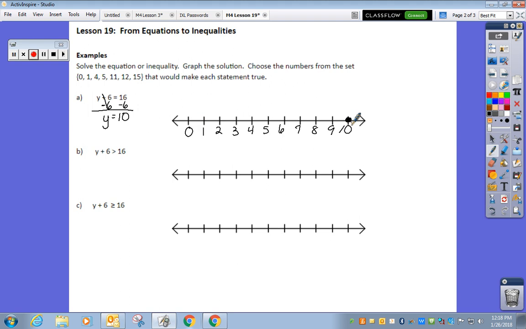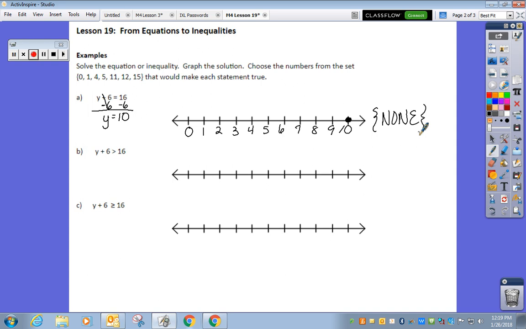It has to be right at 10 because of the equal sign. If we look within this set, we don't see 10. So since 10 is not in there, we would say that it does not match any of them. It matches none of the numbers from the set. If 10 had been in the set, we would list 10 as the match from the set.